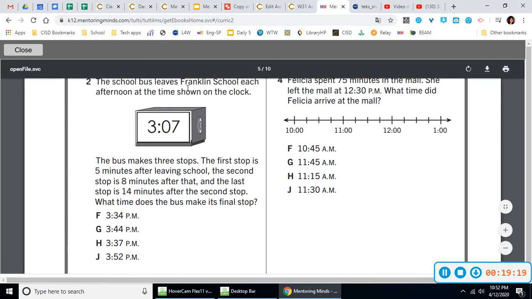The school bus leaves Franklin School each afternoon at the time shown on the clock, 3:07. The bus makes 3 stops. The first stop is 5 minutes after leaving school. The second stop is 8 minutes after that, and the last stop is 14 minutes after the second stop. What time does the bus make its final stop?